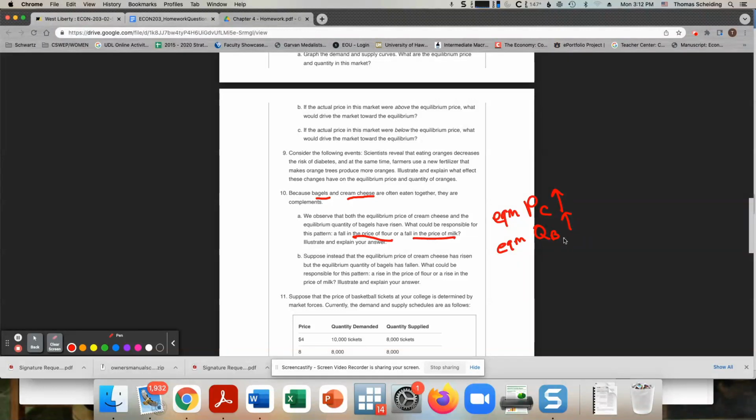That would mean, in the bagel market, there's my demand, there's my supply. If the flour is getting cheaper, supply will shift out, causing equilibrium price to fall, quantity to rise. So more people would buy bagels, and then they would also need to buy more cream cheese.